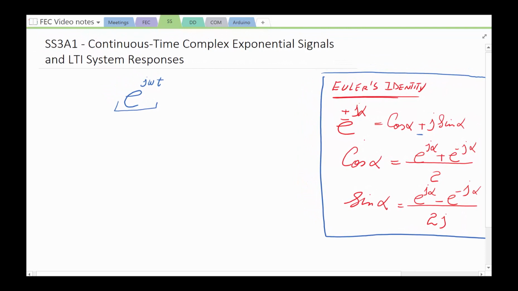Okay, so if somebody asks you what is this signal here, e to the j omega t, your first thing is you say, hey, this is a complex number, and they say, okay, what does it look like in the frequency domain? So when we're thinking frequency domain, we're going to always look at that.